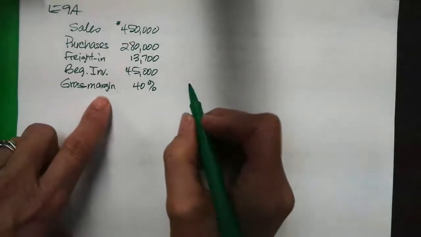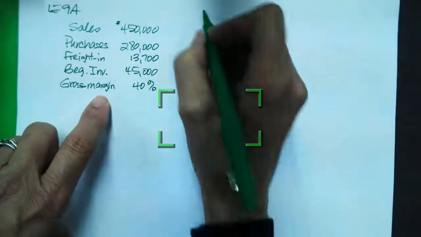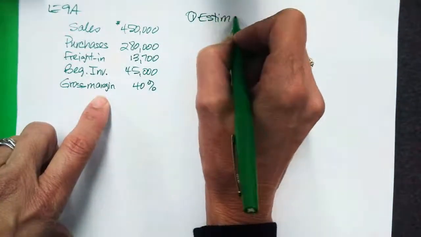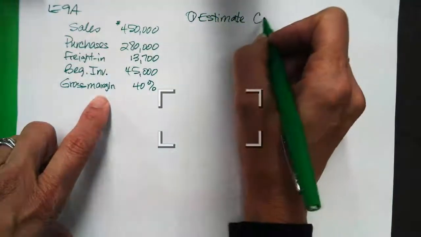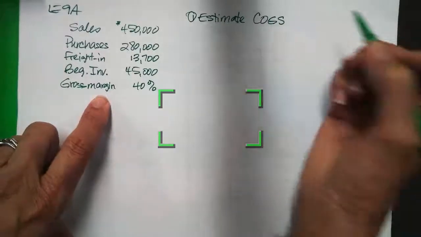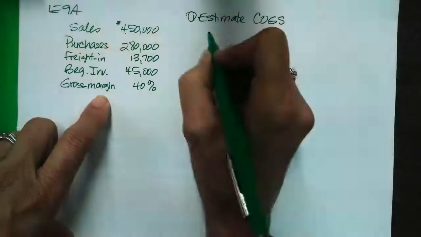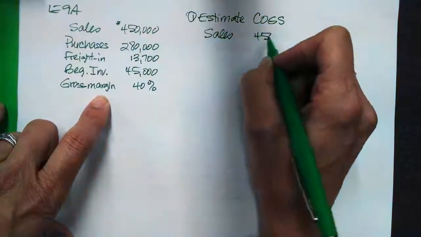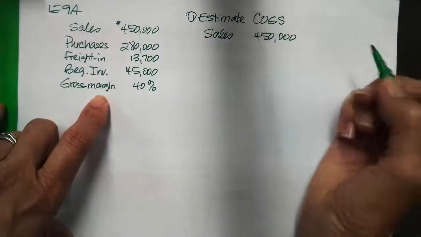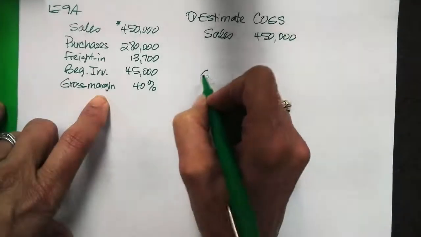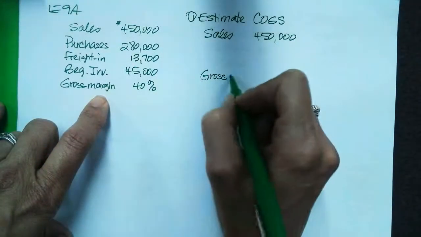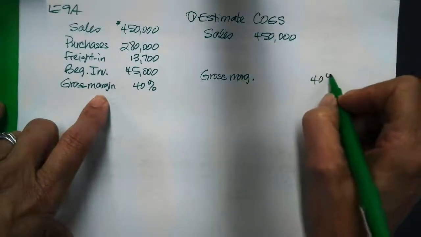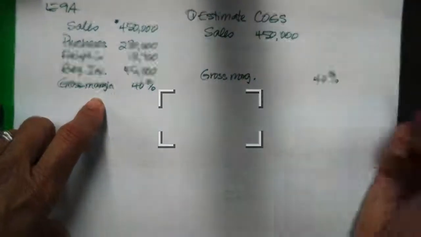Okay, so the first thing I'm going to do, step 1, is I'm going to estimate cost of goods sold. And here's how I'm going to do it. If you tell me that your sales are $450,000, and you tell me that you like to have a gross margin of 40%, then guess what?